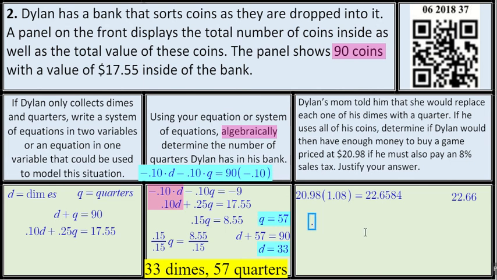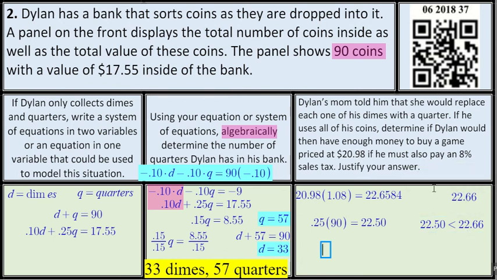So the amount of money Dylan has is actually 0.25 times 90. So when we do our calculation, 90 quarters is $22.50.